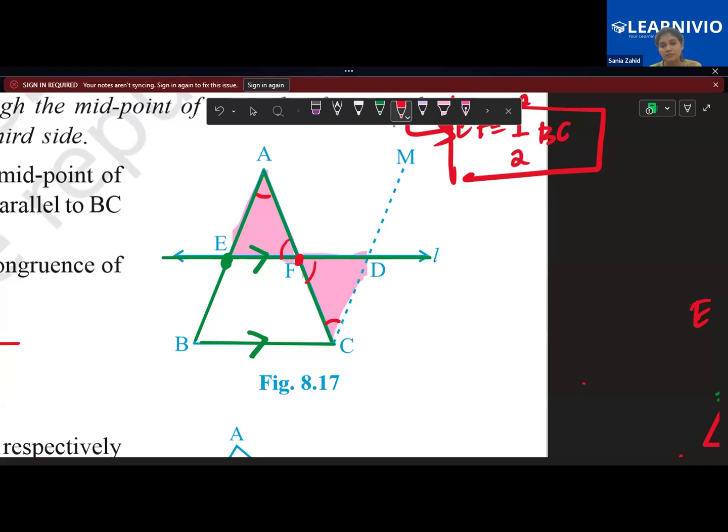AE is equal to CD. Very good. AE is equal to CD. And then by AAS, these two triangles are congruent.